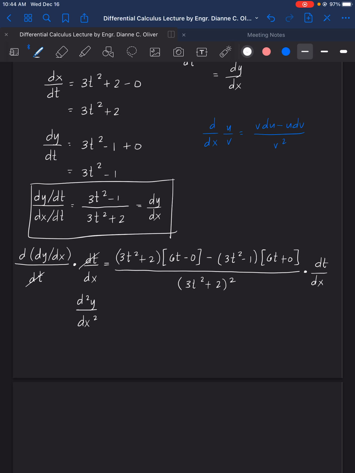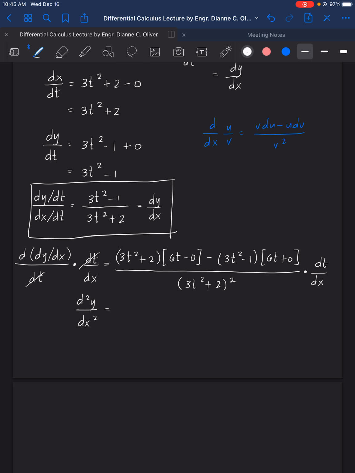So what we did on the left side of the equation is what we will also do on the right side of the equation. We multiplied it with dt over dx. So we will also multiply this right side with dt over dx. Okay? So now we have d squared y over dx squared, which is also similar with y double prime, right?